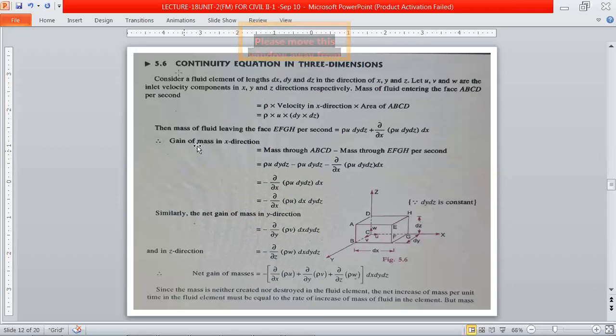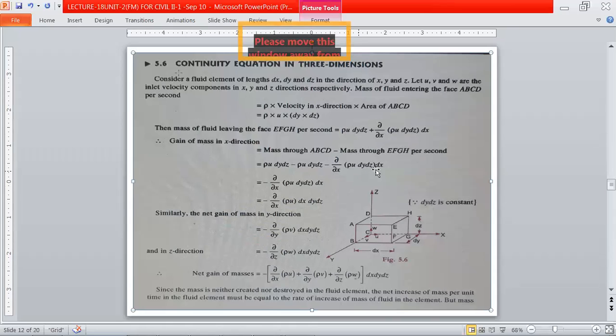Therefore the gain of mass in x direction is equal to the mass through ABCD minus the mass through EFGH. Substituting, rho u dy dz minus the value for EFGH, which is rho u dy dz plus dou by dou x of rho u dy dz into dx.